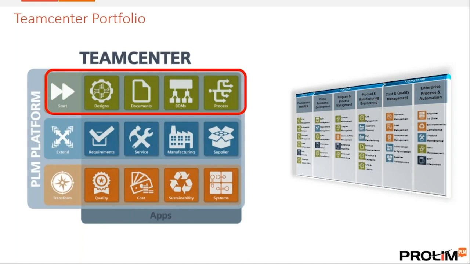As you go through that tier, you could then expand or extend to other solutions like requirements management, systems engineering driven product design, for example the service BOM, service management, the manufacturing BOM, then supplier collaboration or supplier integration.